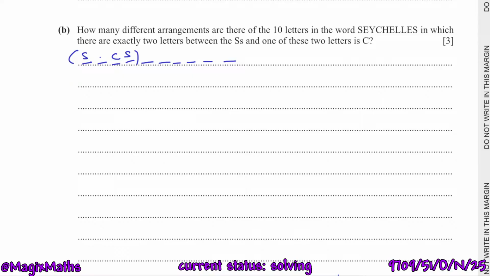So it's either CC or LC or EC or any other letter at C. So if it's CC, it's 22, and we times that by the letters outside, 1, 2, 3, 4, 5, 6, 7, divided by repeating letters.